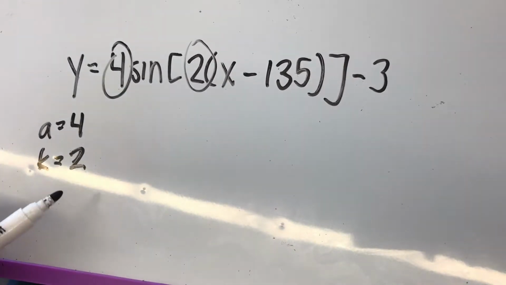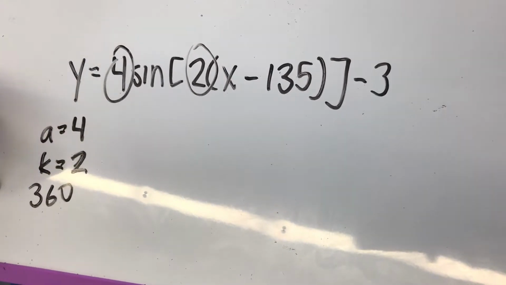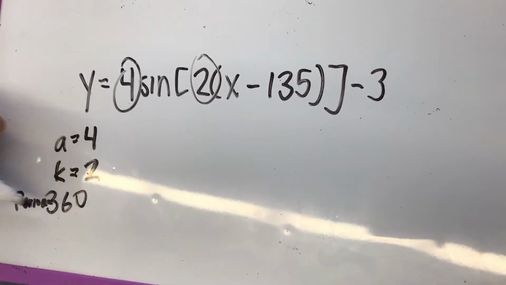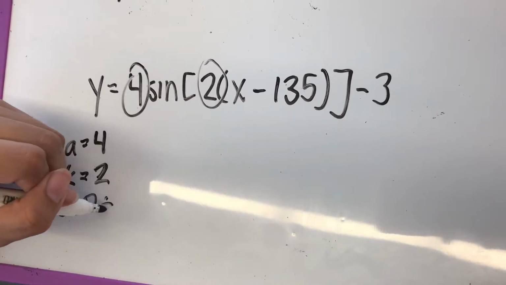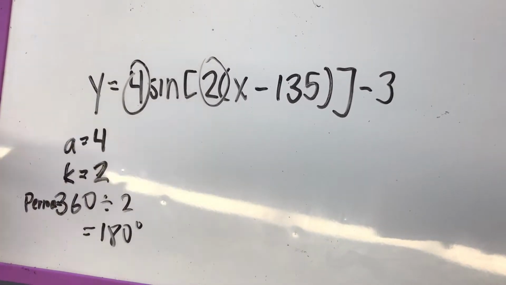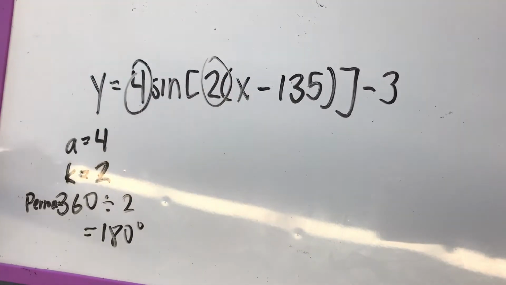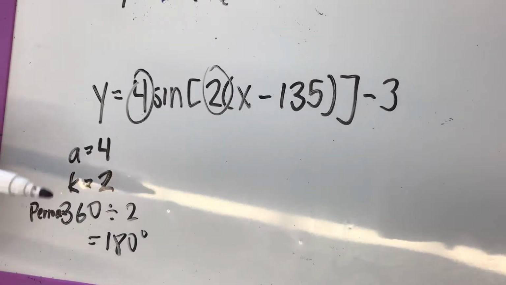In order to find the period of this equation, we must do 360 divided by 2, since our k value is 2, which equals 180. So this is how long, if we were to graph it, the equation would last, one period.